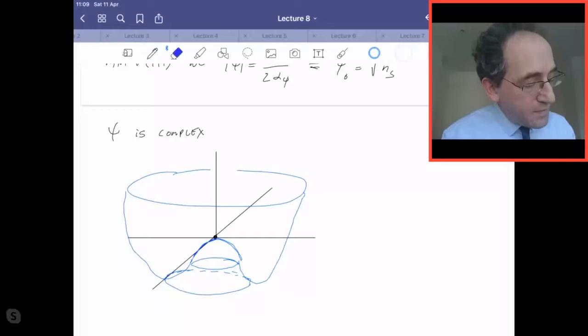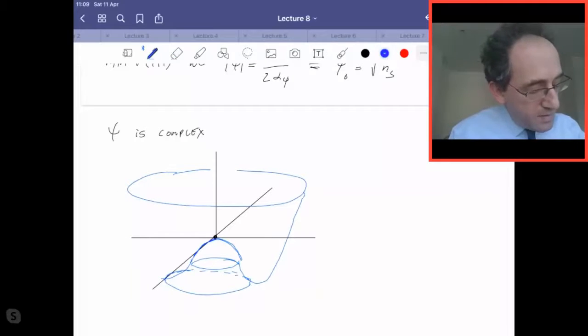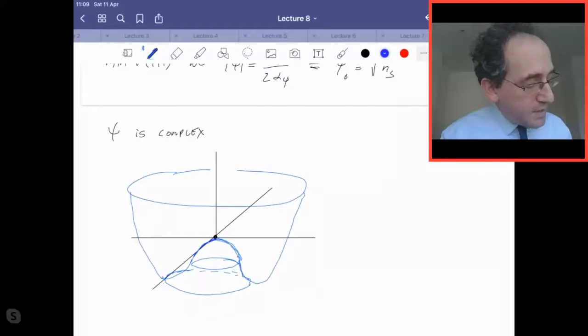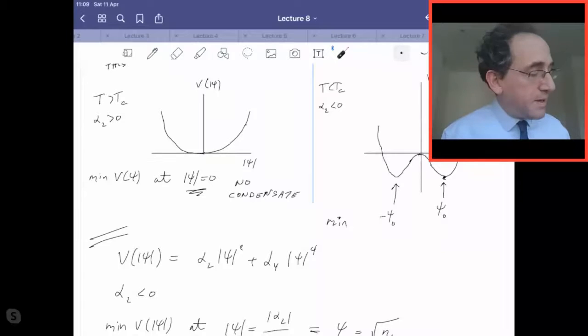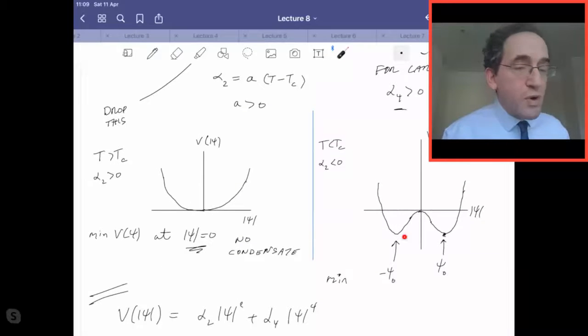Draw this a little better. Okay, so it's radially symmetric. It's basically taking this curve here, and just rotating it around the vertical axis.